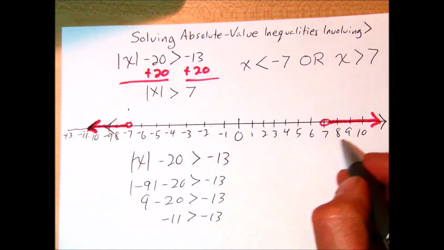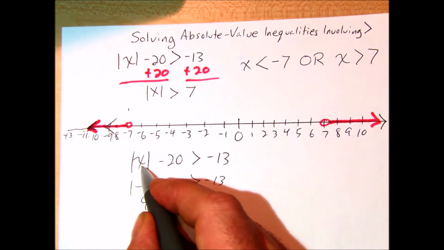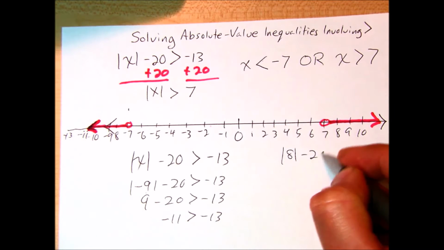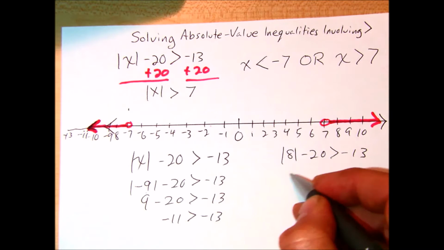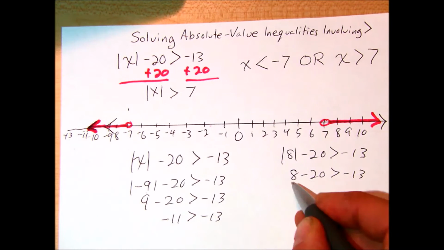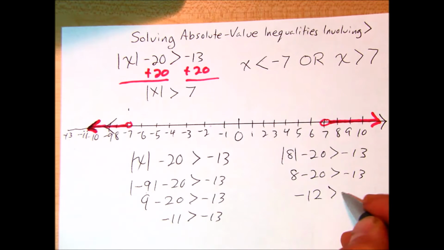Going the other way, if I plug in 8 for x, so the absolute value of 8 minus 20 is greater than negative 13. Absolute value of 8 is 8. So that gives me negative 12 is greater than negative 13.